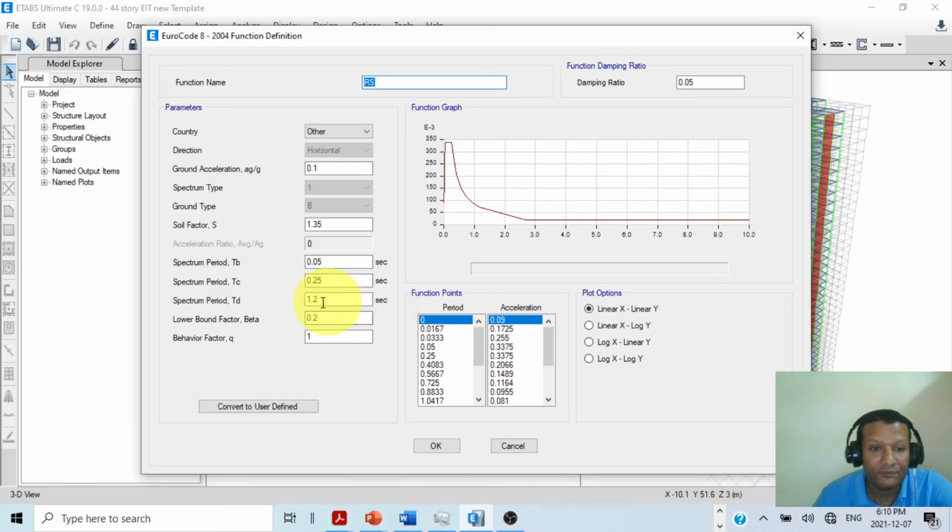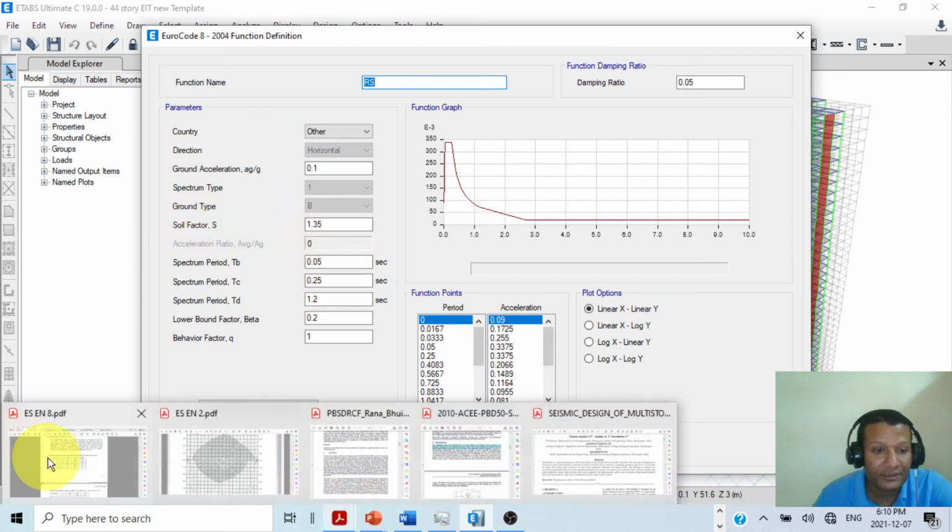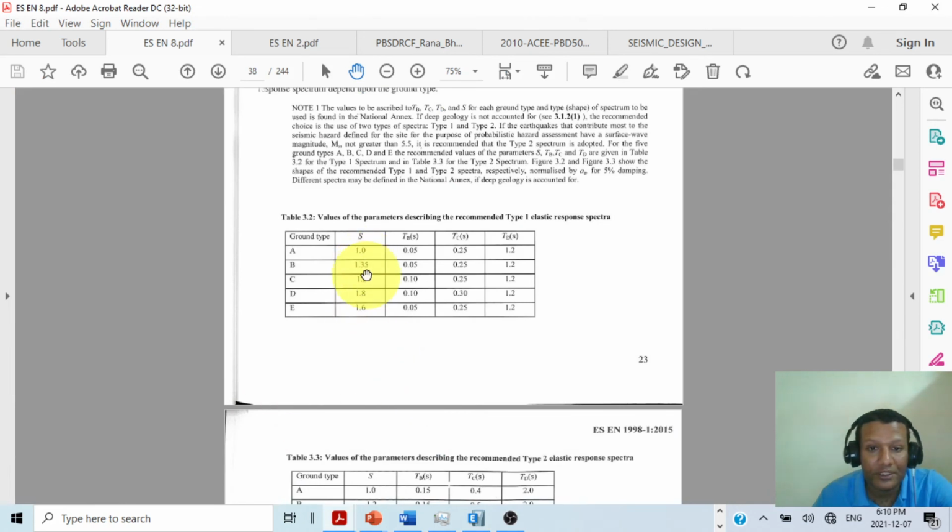The soil factor S is 1.35 because the ground type we are going to use is B. This is how we construct our elastic response spectrum for our research, because type 1 is for earthquake hazard greater than 5.5.